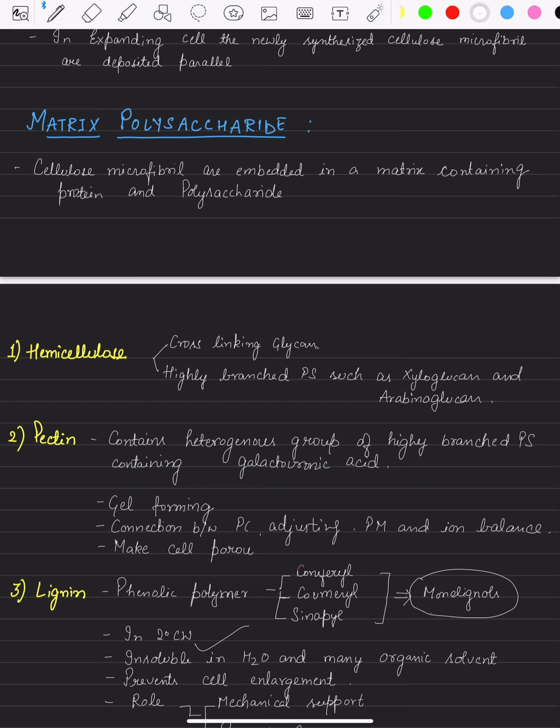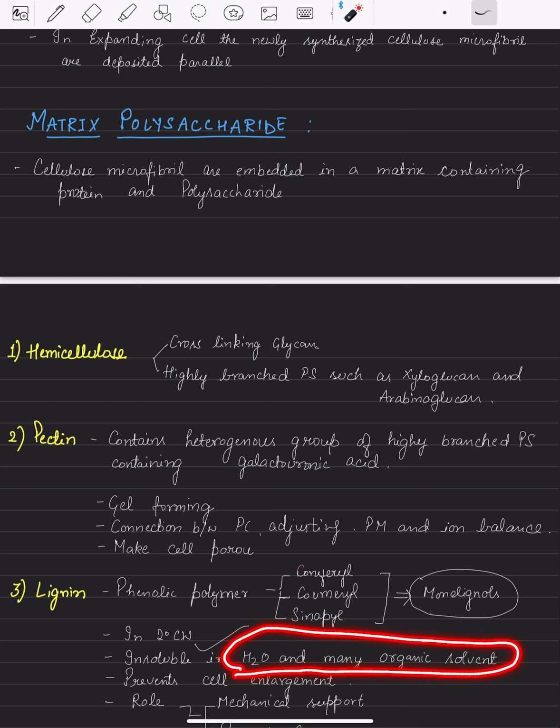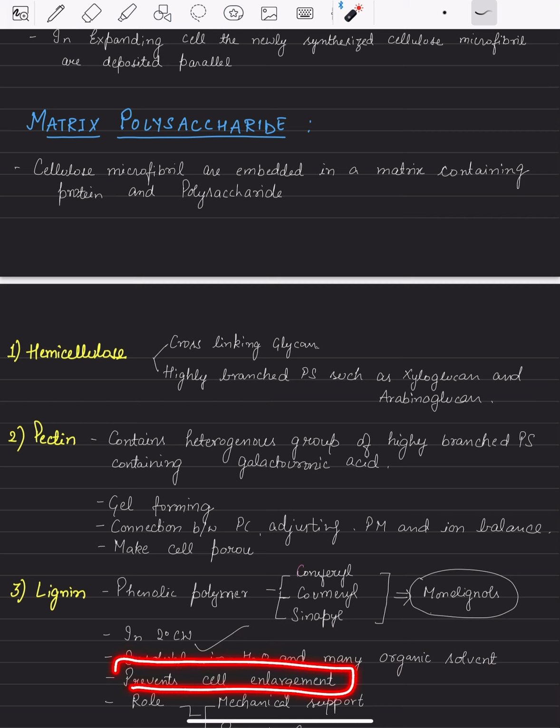Of course, this is insoluble in water, and also insoluble in organic solvents. It prevents cell enlargement. That's the reason it is formed in the mature cell. Once the primary cell wall formation takes place, only after that the secondary cell wall formation takes place.